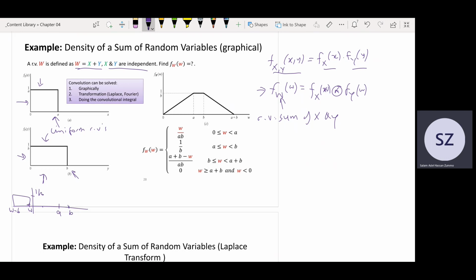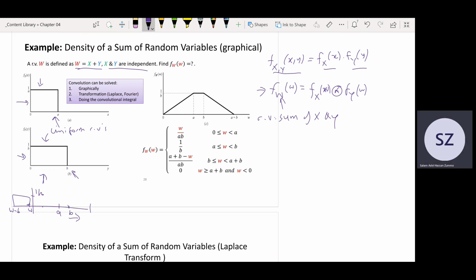The area will be the same square, the same common factor. And once you exceed b, the product between them becomes smaller and smaller. This becomes a decaying factor until you reach a plus b. At a plus b, the common factor will be 0.